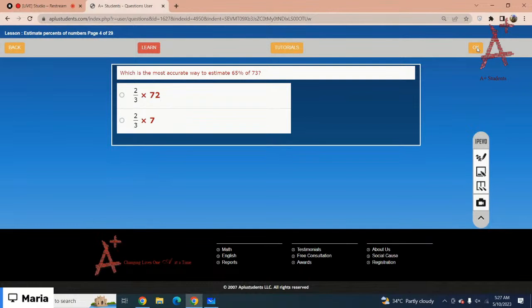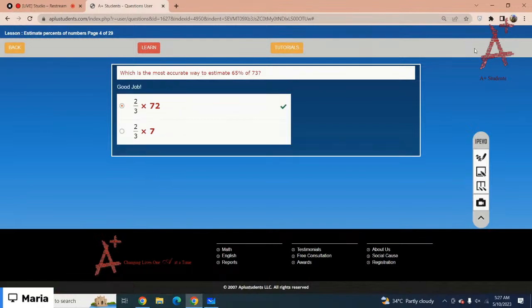It would be, 65% means 2/3, so it would be 2/3 of 72. So that would be option number 1, 2/3 times 72, because you cannot divide 73 by 3. You need to calculate the estimated answer. So it would be 2/3 times 72.